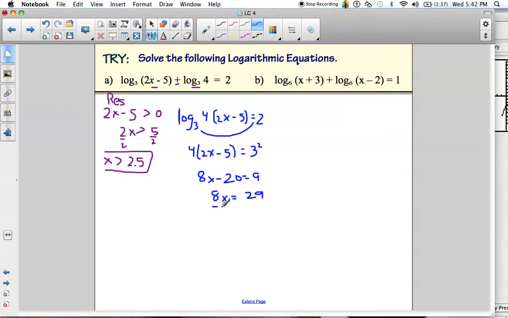And then we divide by our 8. Divide by our 8. And x equals 29 divided by 8 is 3.625.